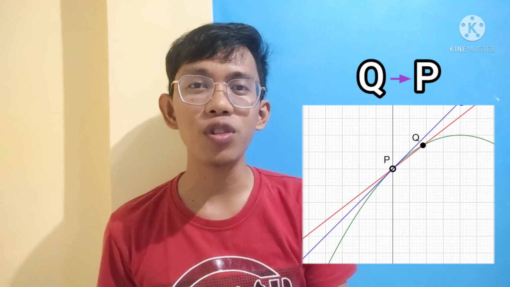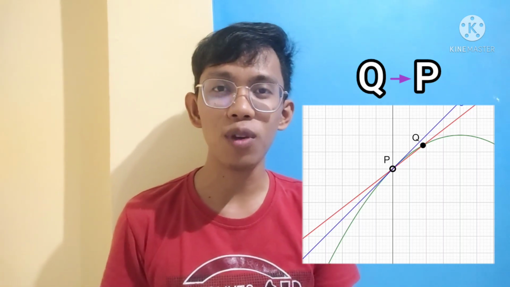And habang ina-approach ni Q si P mula sa kaliwa at mula naman sa kanan, i-observe natin yung itsura ng ating secant line. At ang mangyayari as Q approaches P from the left and from the right, ma-observe natin na mukhang may pinupuntahan yung secant lines natin na iisang position.